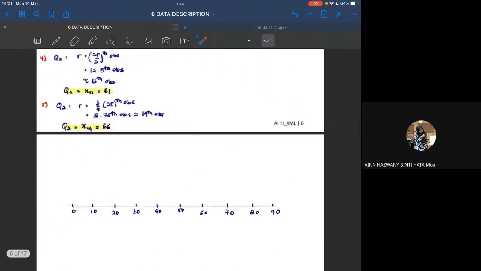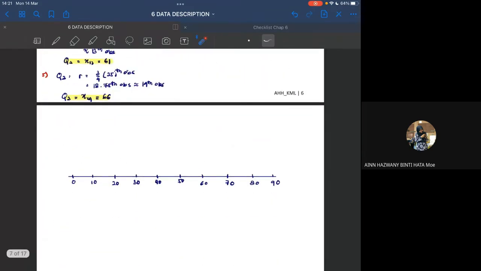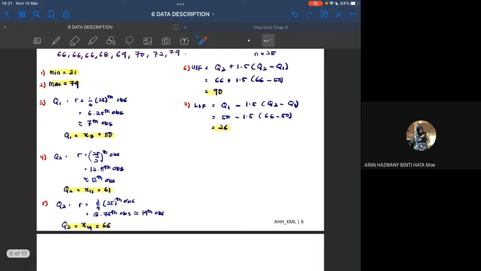Okay, mesti kena berscale, mesti kena sama. Contoh kamu nak letak 0.5 cm ke, kena scale. Kita bukan sketch, kita bukan agak, kita plot. So now first thing first is to plot your minimum dengan maximum. Minimum 31, maximum 79.